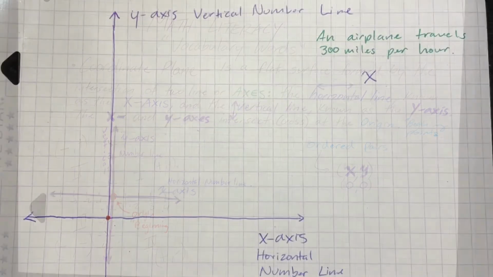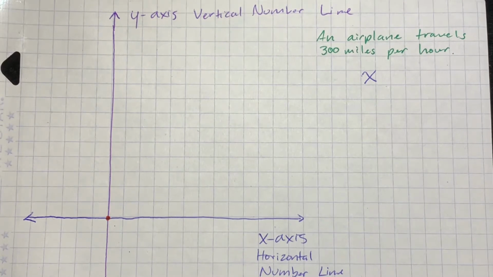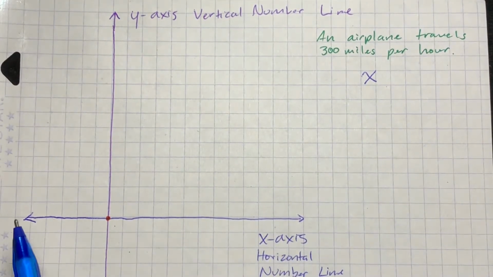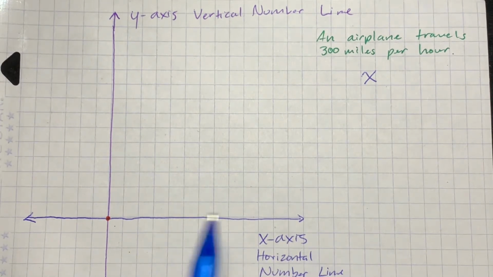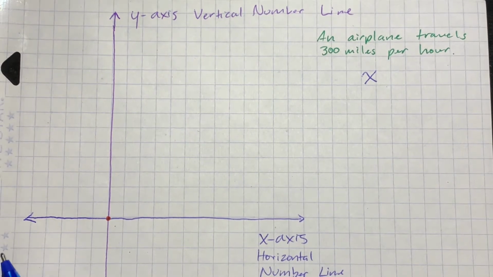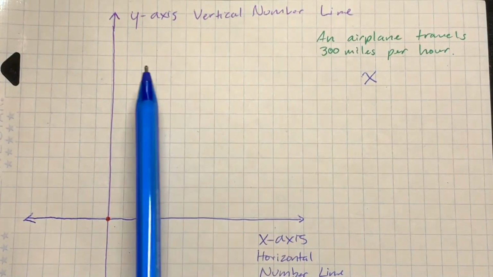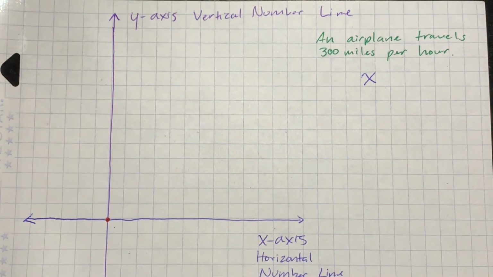Here we go. All right, so for this example, we have the x-axis, that is the blue number line here. That is the horizontal number line. Again, horizontal means left to right, side to side. And then in purple, we have the y-axis, that is your vertical number line, straight up and down.